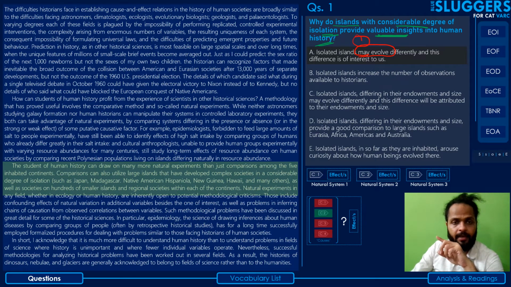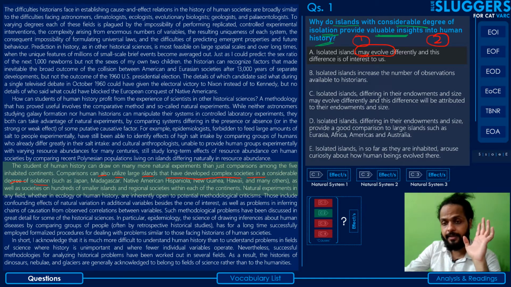The author says comparisons can also utilize large islands that have developed complex societies in a considerable degree of isolation. Have developed is present perfect tense, which means that the author is concerned with how they have developed up until this point, not how they may evolve from this point onwards, which option A seems to imply. So that's the first problem.